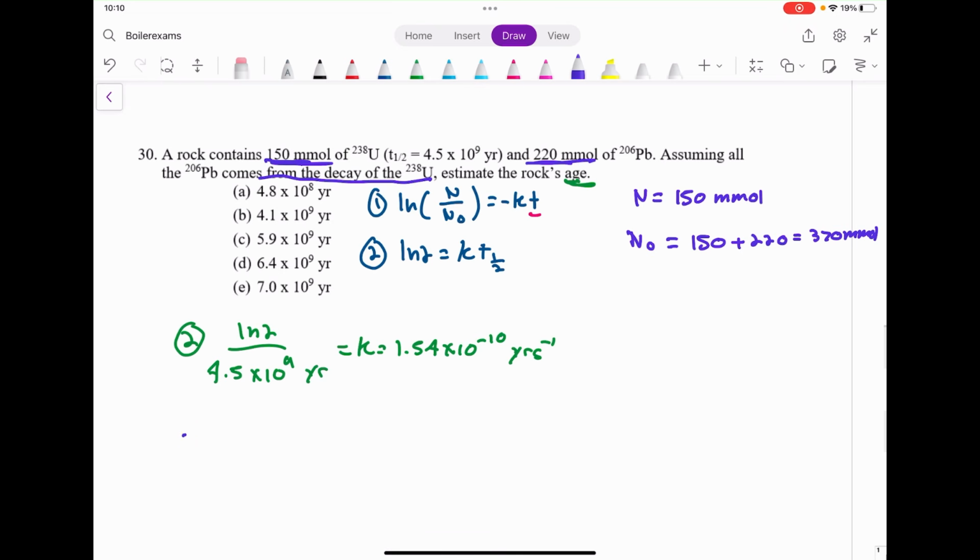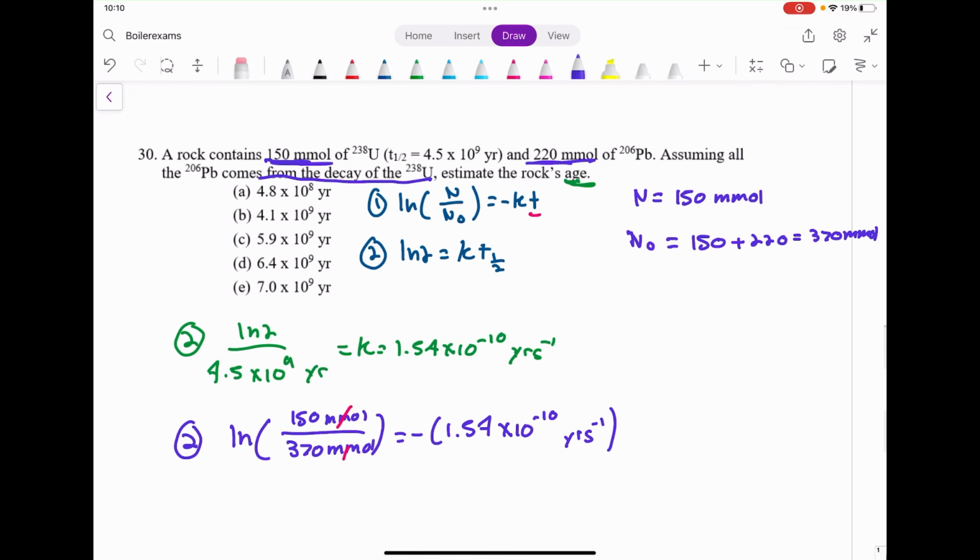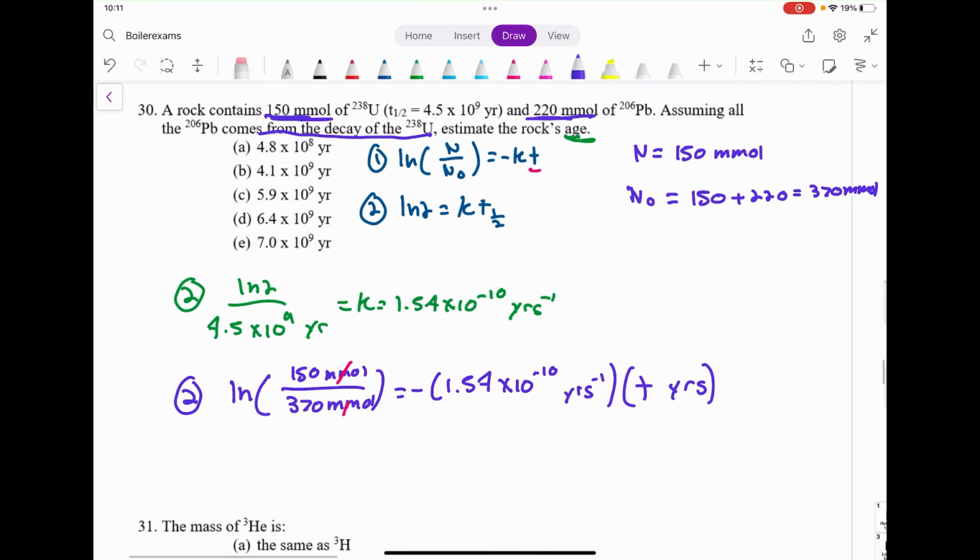Now, if we solve equation number 2, we know natural log of 150 millimoles over 370 millimoles, the units obviously just cancel, equals negative our rate constant, because we solved for it, in reciprocal years, times the time, which is what we're solving for, in years. Okay, and the units check out. So, natural log of 150 over 370 is negative 0.9.